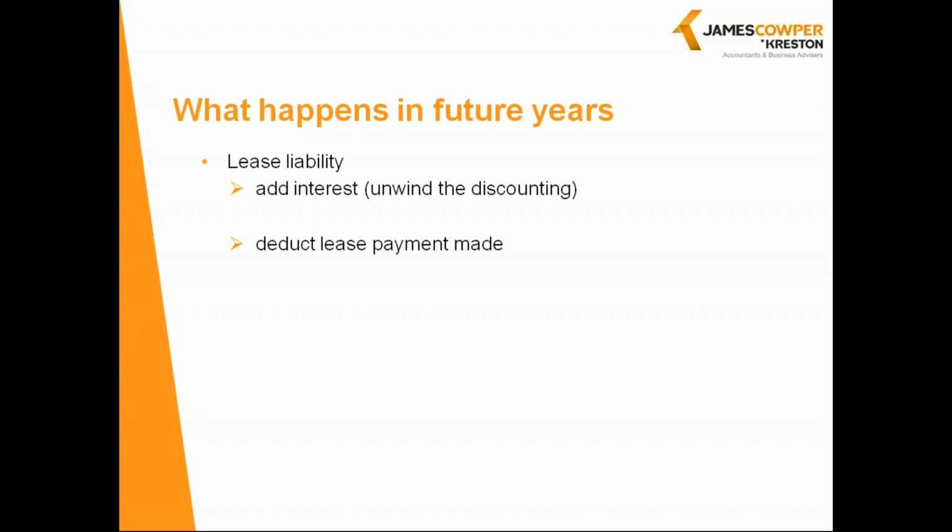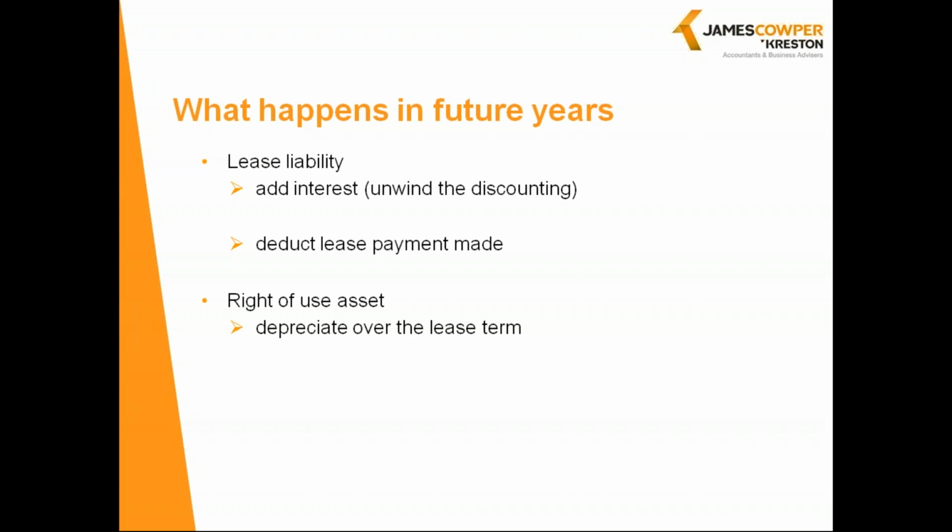So then what do we do after we've done the initial accounting? As time goes on, we're going to add interest to our lease liability, effectively unwinding the discounting. So the lease liability, as Catherine mentioned, goes on at the present value, but then that will increase over time as the interest gets charged, and of course offsetting that, the cash payments come off the balance, much like a finance lease under the old and existing rules.